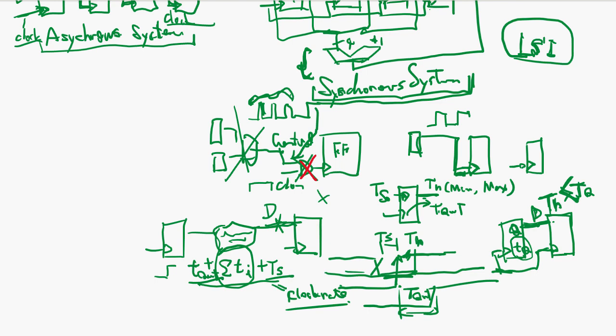But there is a T clock 1, T clock 2. They may have a timing skew. That means this guy goes up here, okay, and this guy slightly earlier. This is the T clock skew, okay. Then what happens is, so many things happen. If it's earlier or later, you have to satisfy all this setup time, hold time, and stuff.